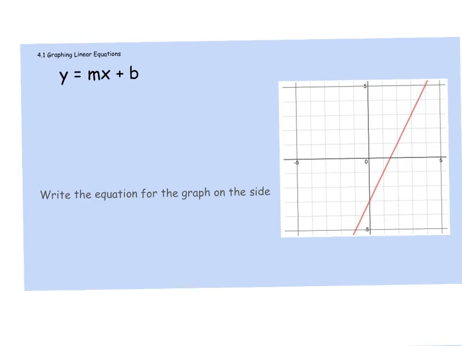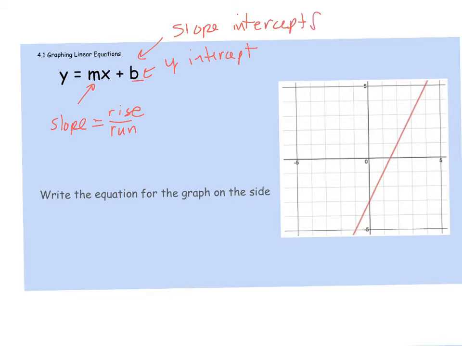Just remember that m is your slope, and when we figure out slope, we're doing rise over run. And b is your y-intercept. That's slope-intercept form, so whenever we talk about slope-intercept form, that's what we're working with.